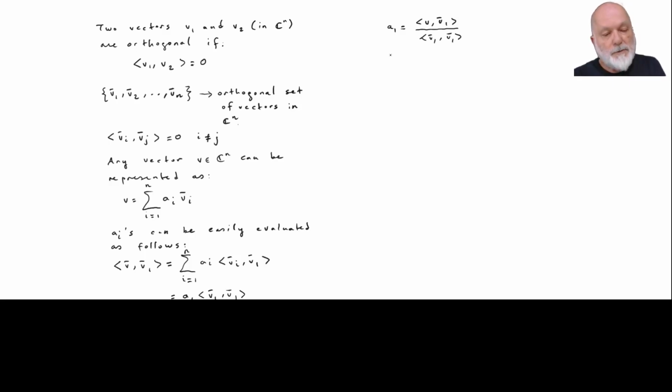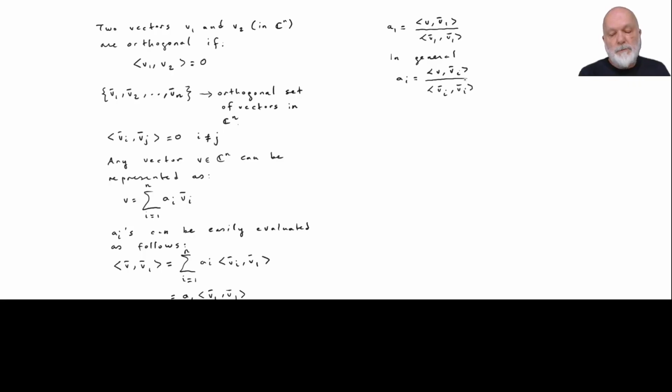So in general, ai is equal to the inner product of v with vi bar divided by the inner product of vi bar with itself.